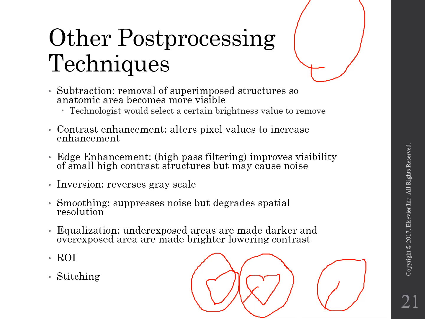Smoothing is usually built into the system. It is a complex computer process that is intended to suppress noise, but because it suppresses noise, it often degrades spatial resolution. So smoothing would use something called extrapolation or interpolation if there was missing data. Say I had 3 pixels, and 2 of those pixels got signal, but the one in the middle didn't because my mask was set too low. That one in the middle would be black and the 2 around it would be bright.